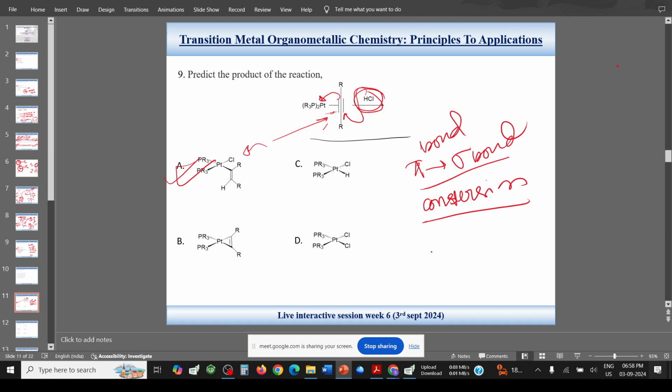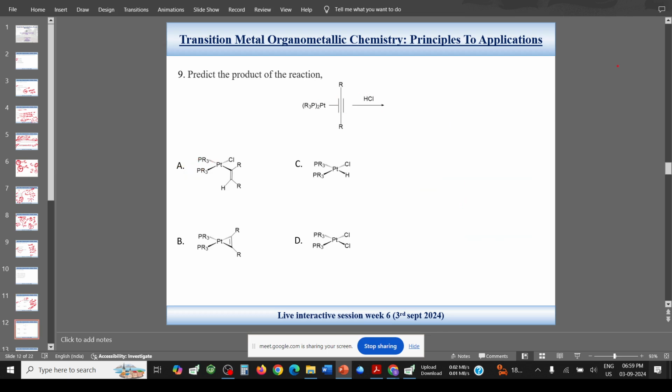So here that is transition metal alkynyl to transition metal alkynyl complex we are getting from a kind of pi sp pi interaction.